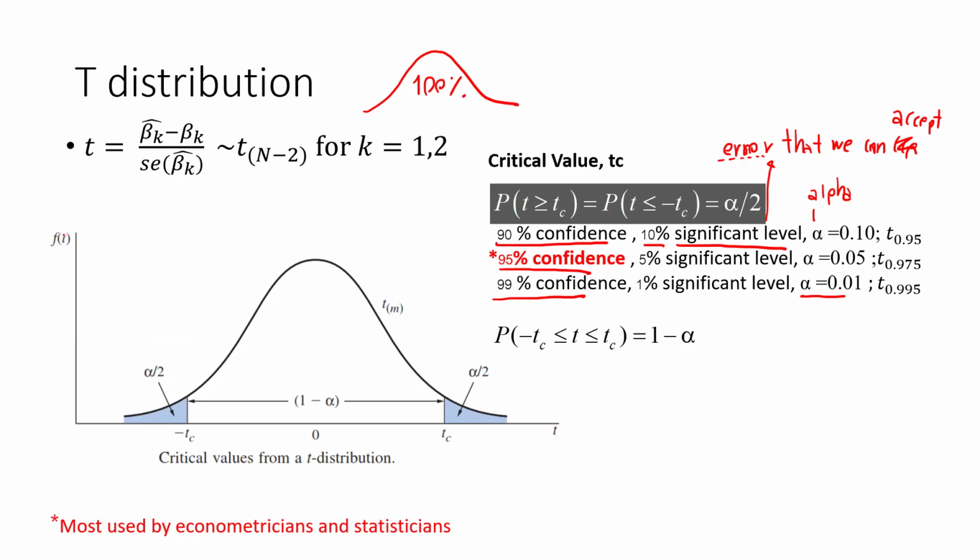For example, if I say that beta must equal 2, or if I would like to say that beta is not equal to 2, it can be that beta is greater than 2, or beta is less than 2.